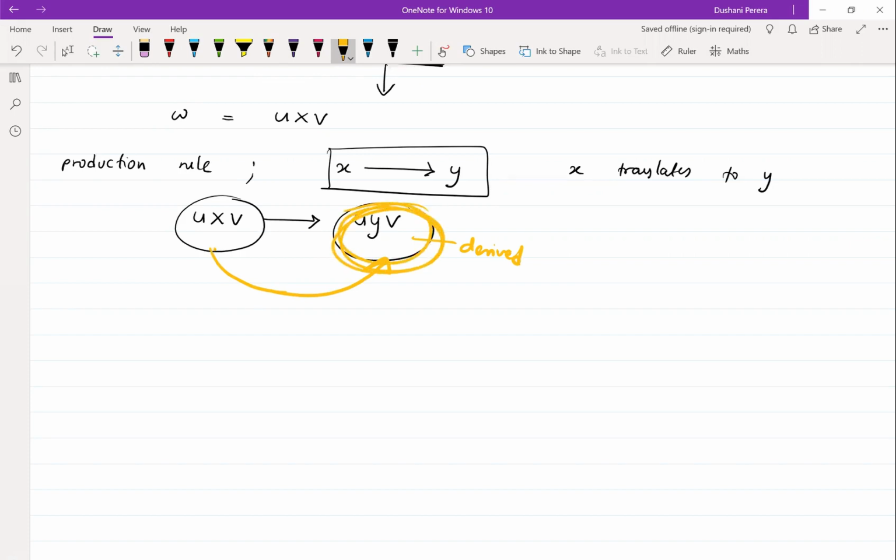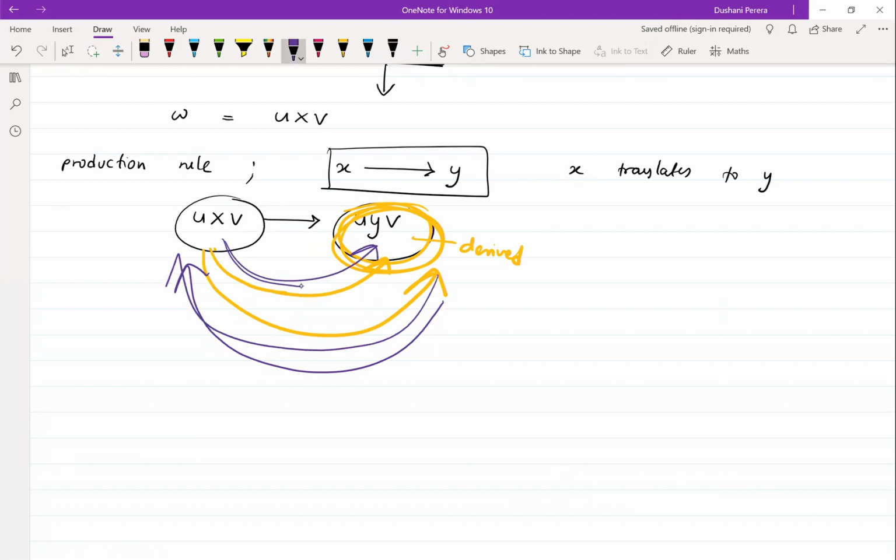So we say UXV derives UYV, or the other way around, we say UYV is derived by UXV.